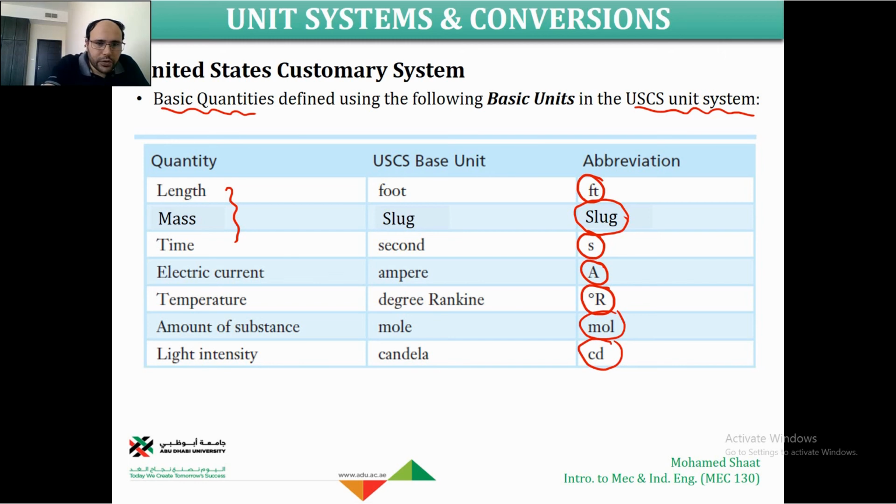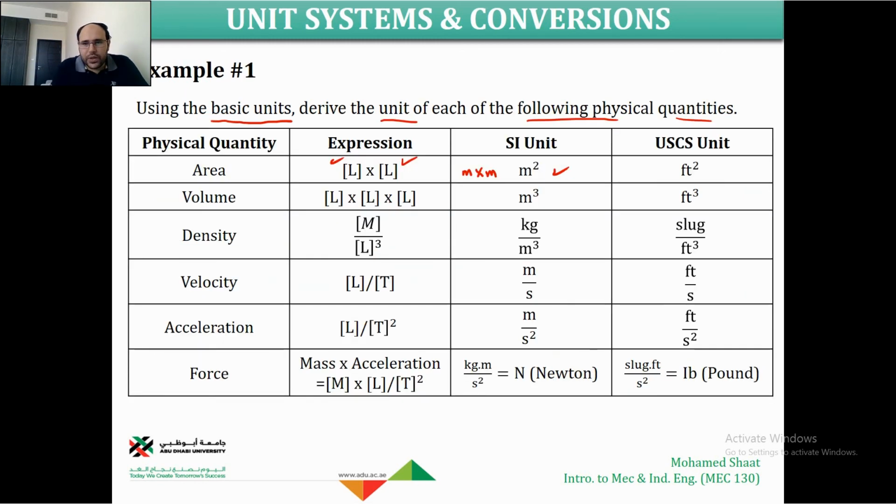The base unit for the length is feet or foot. So the first length takes foot, times the second length also takes foot. So foot times foot gives foot square or feet square.